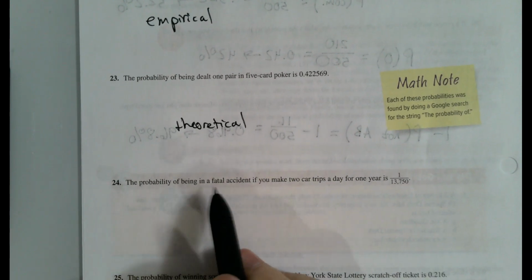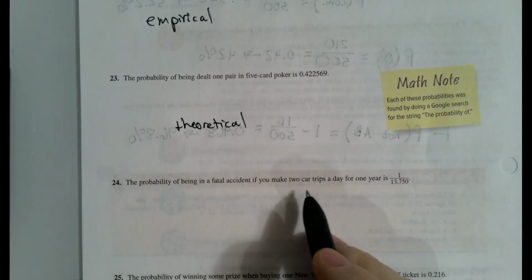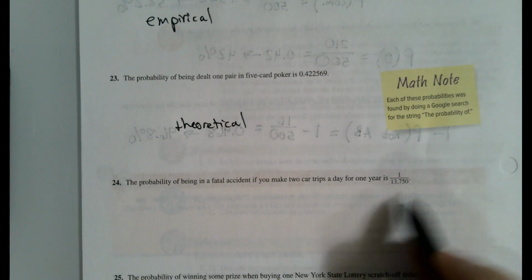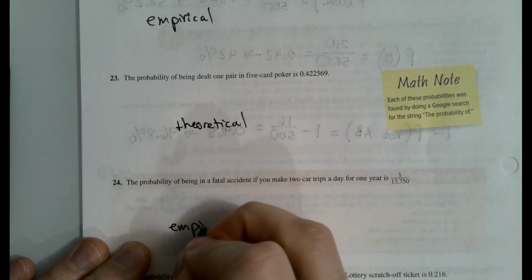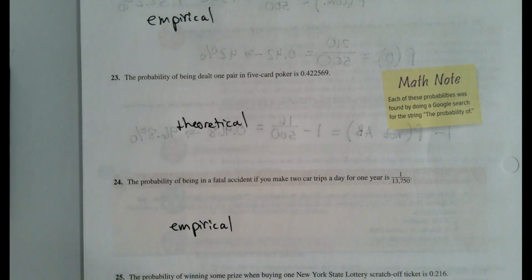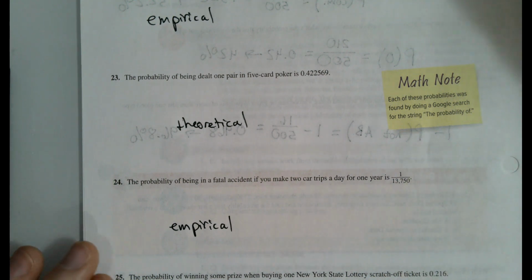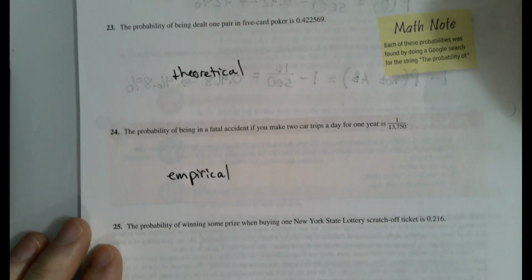The probability of being in a fatal accident if you make 2 car trips a day for 1 year is this. Well, this is data, more or less. If you've never been in a car accident, it's not data based off of you, it's based off of all drivers and all the accidents that happen.